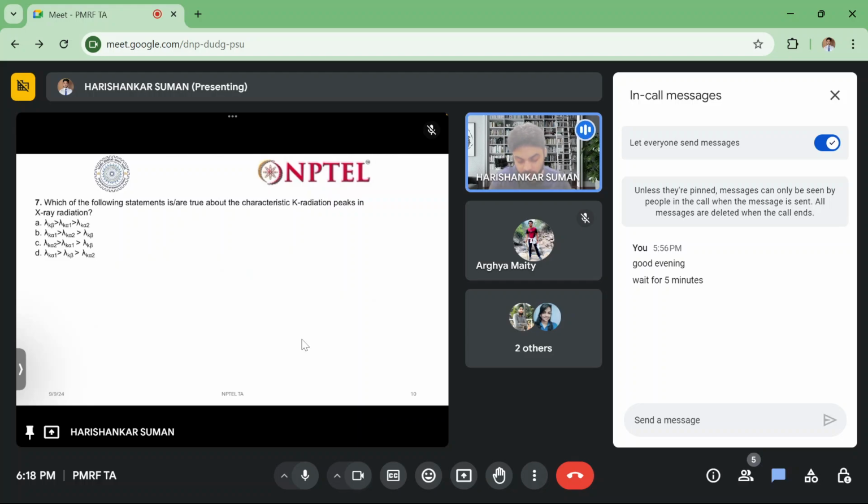Which one is correct? Wavelength of K beta is greater than K alpha, and K alpha 1 and K alpha 2. There are the orders you can see in options A, B, C, D, and please pick the right statement. You can take 2 to 5 minutes for this question, then I will discuss.